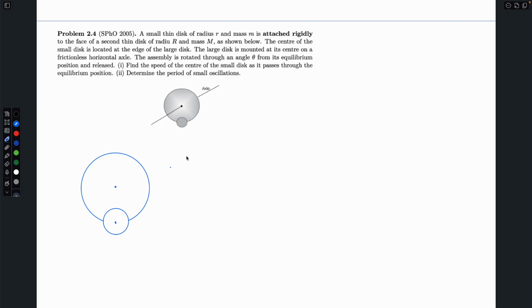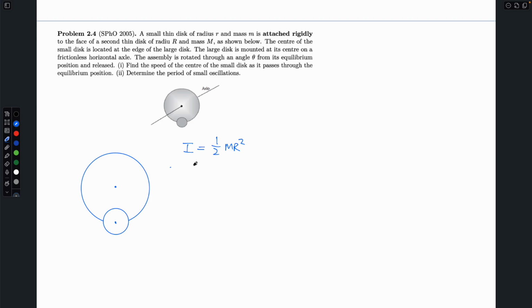So you just add the moment of inertia first. For a disk, it's half MR squared. So this is for the big disk.